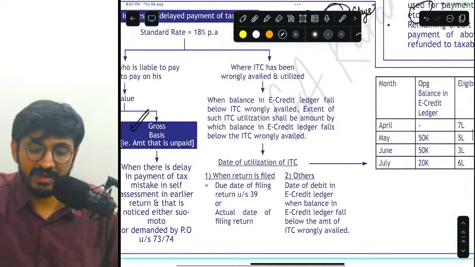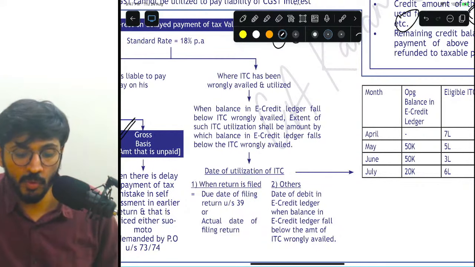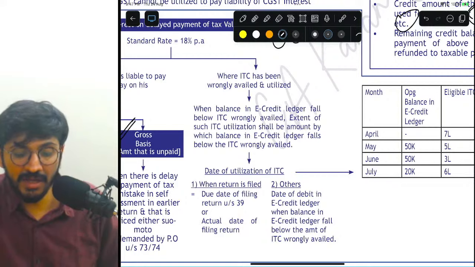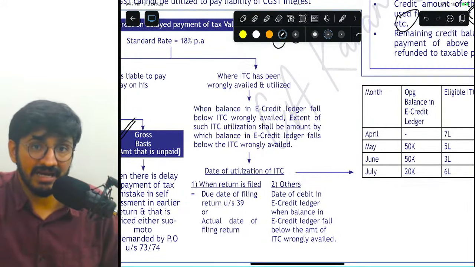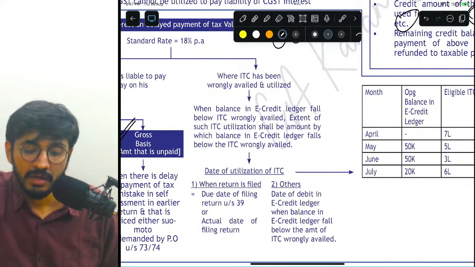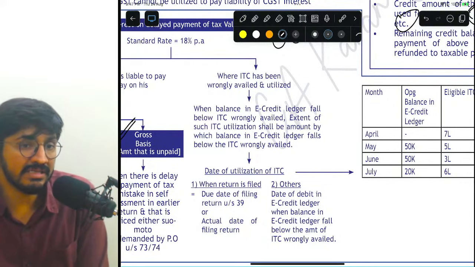Now there is a very different angle that finally pans out, and that is with respect to ITC. Understand that ITC has been wrongly availed and utilized.